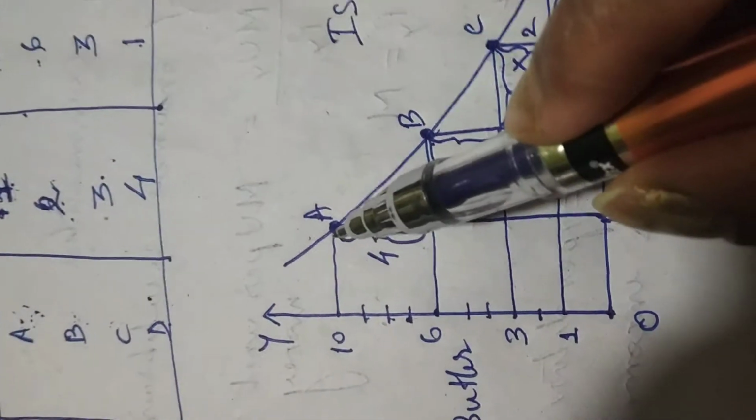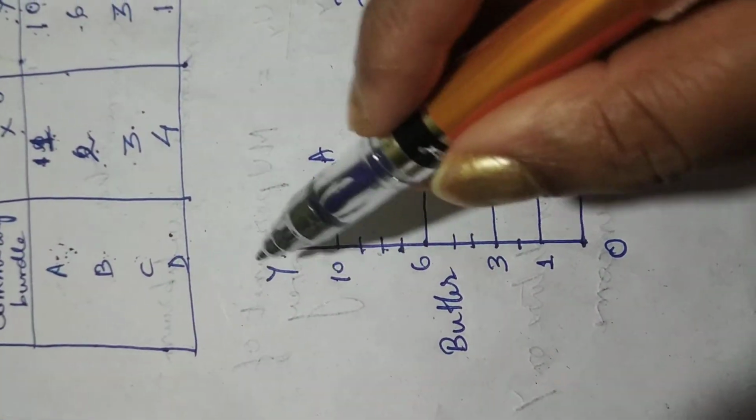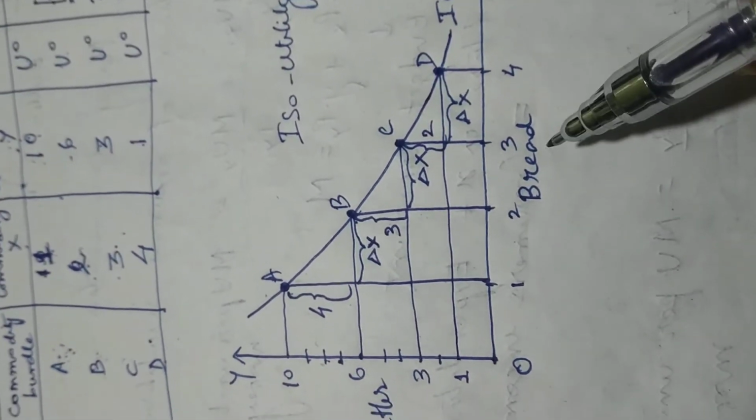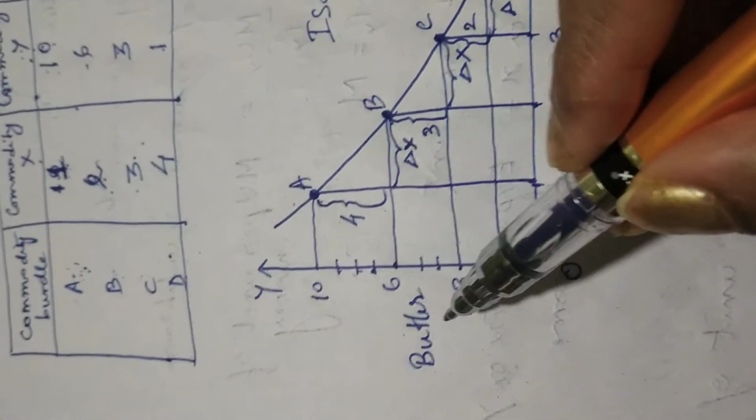So look at combination A. I am plotting Y here, and X here. Let X be bread and Y be butter.